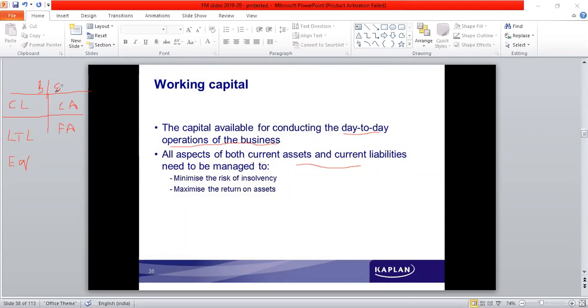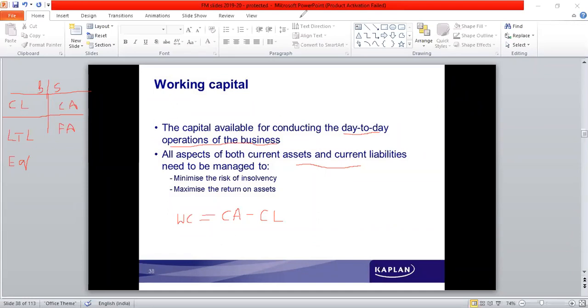For the moment, let's not look into that one, but just understand what working capital is. In equation form, looking at the short-term position, current assets minus current liabilities is working capital. So first we need to understand the meaning of current assets, then current liabilities, and then the meaning of working capital.